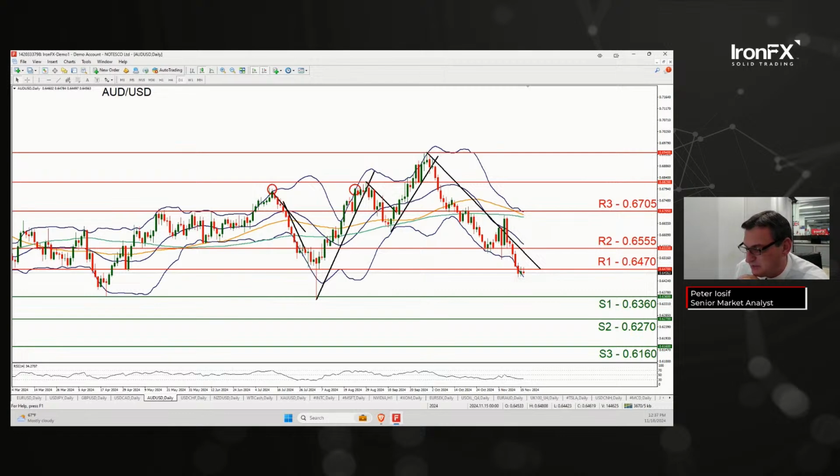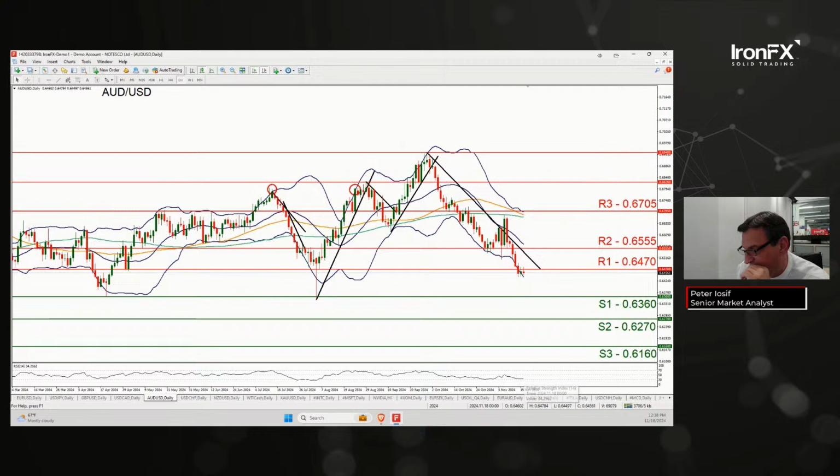Note that the pair stabilized after breaching the lower Bollinger Band, which slowed down the bears. So we may see some hesitation for the bears still, but a distance between the price action and the lower Bollinger Band has started to form, allowing for some vacuum which the bears could take advantage of.